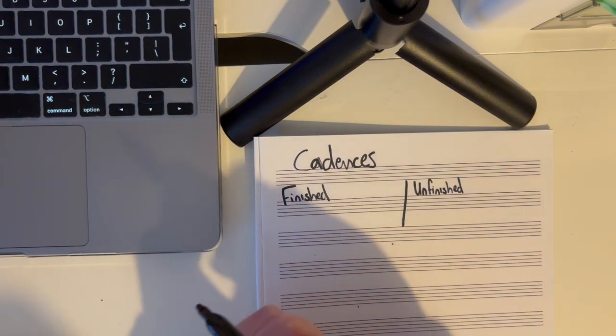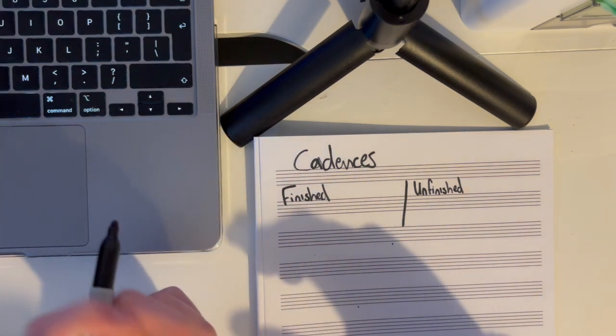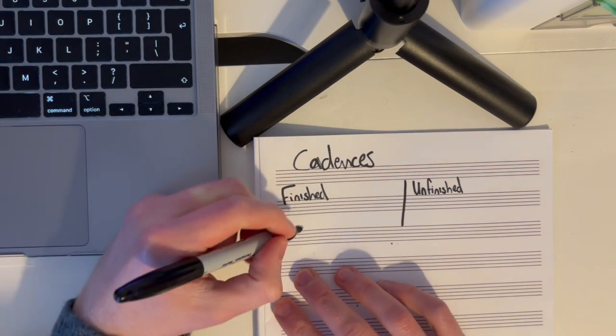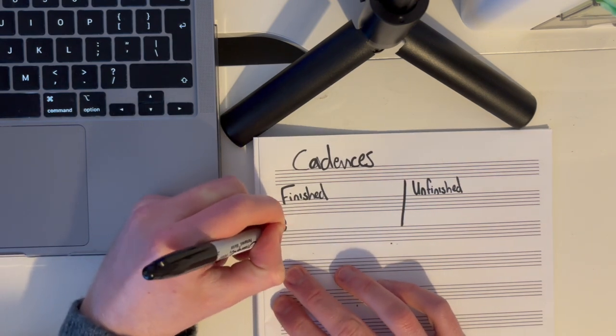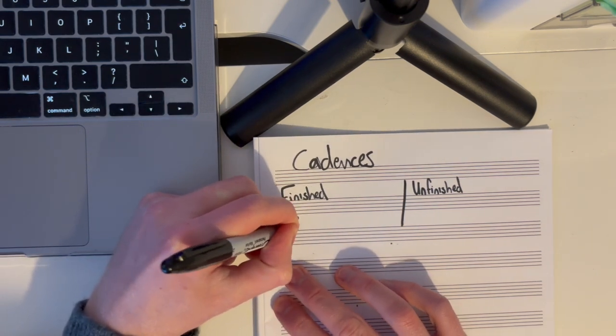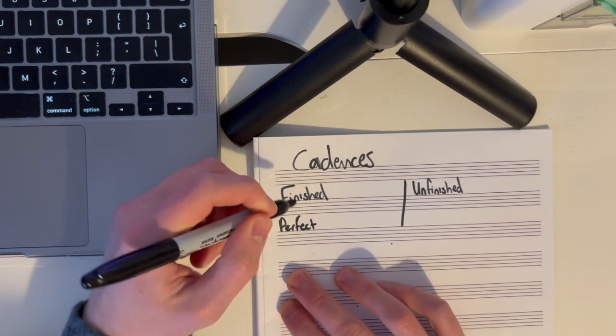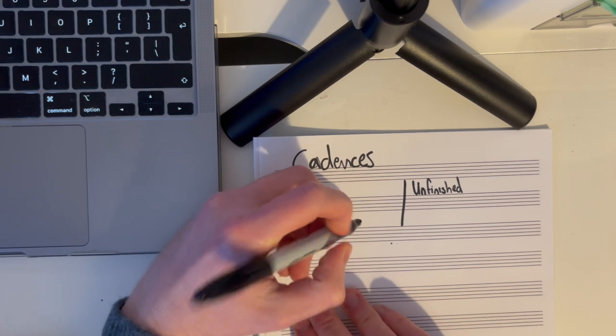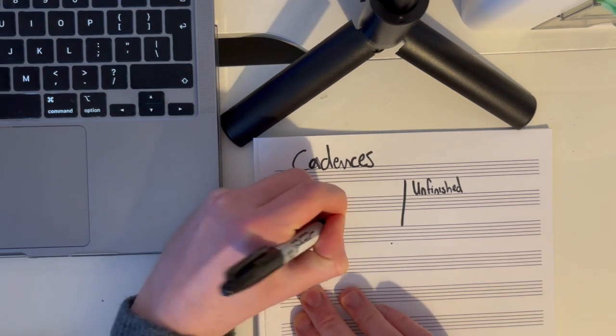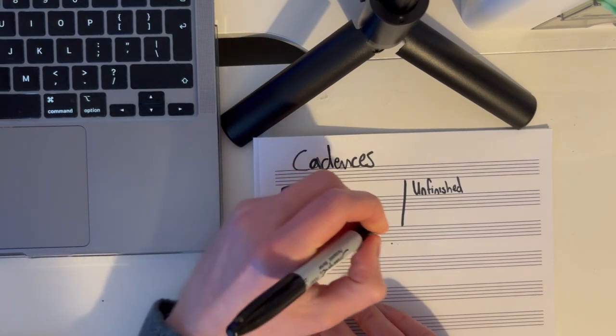Okay, so our first finished cadence is the perfect cadence, and that goes from chord 5 to chord 1.